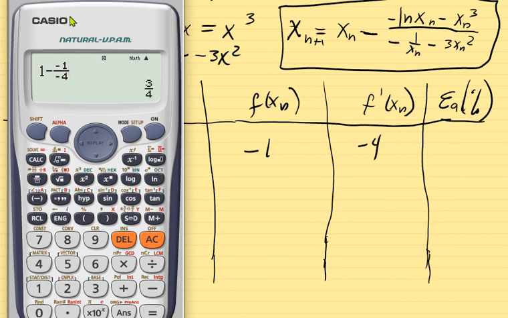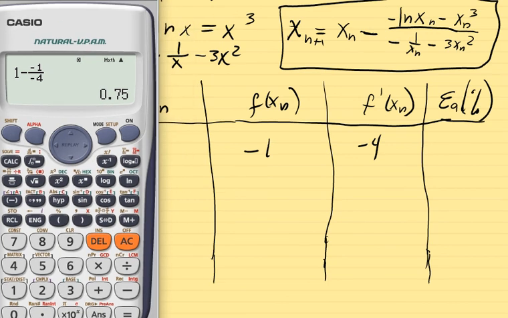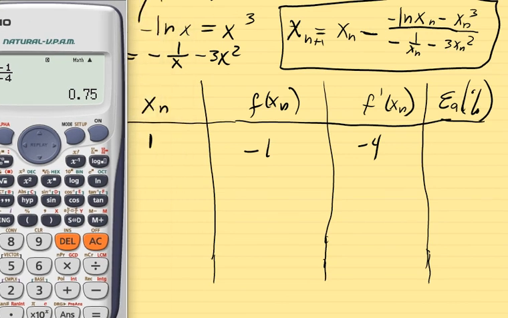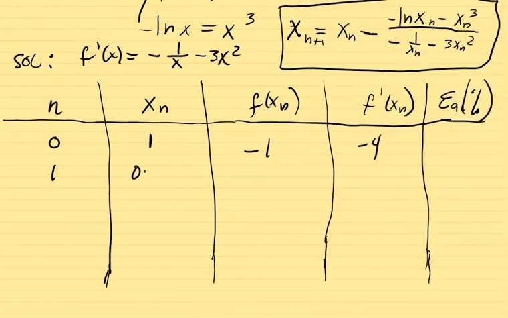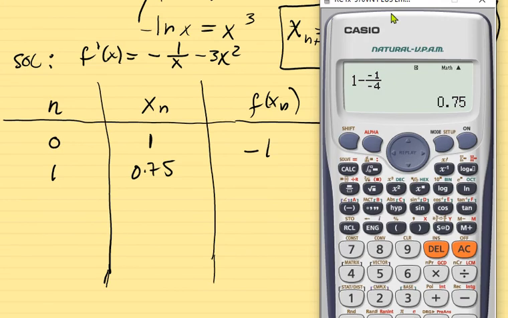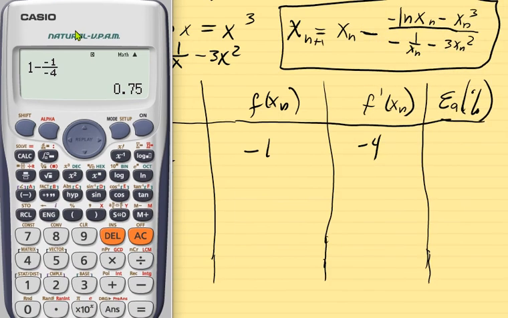And this will be equal to 3/4 or 0.75. Our new value for x now is 0.75. Then what will be our f of xn and f prime of xn? We just use this one.